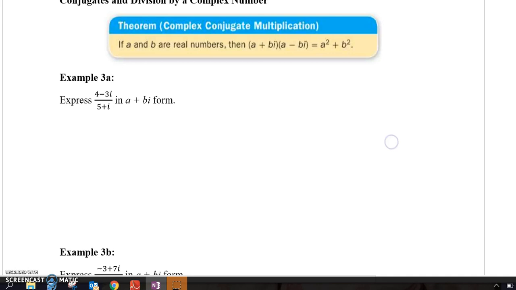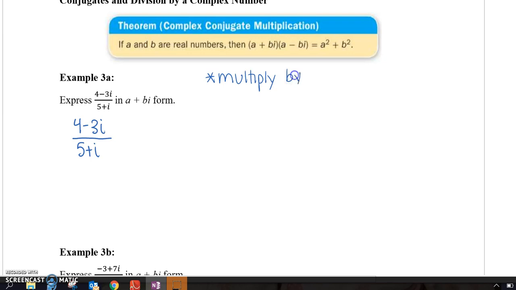So in this example, we are going to express this in a plus bi form. So the way we do this, let's rewrite this because there's no space where it's written now. 4 minus 3i over 5 plus i. And what we're going to do is multiply by the complex conjugate of the denominator. So let's even write that.